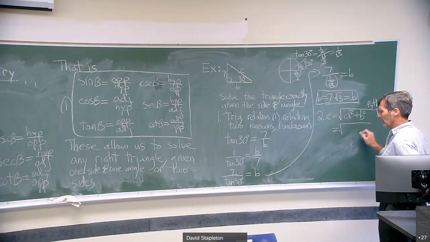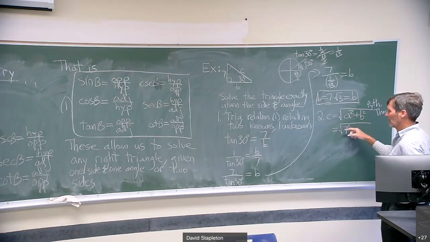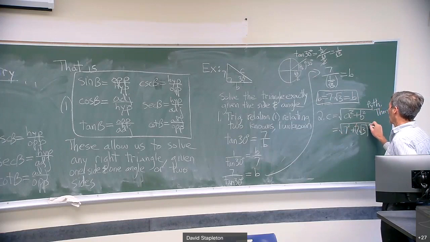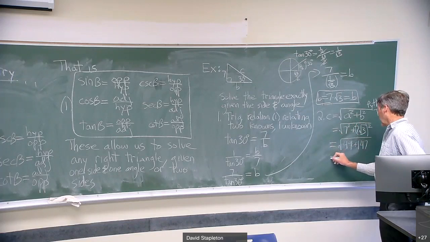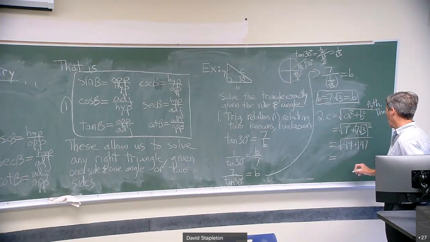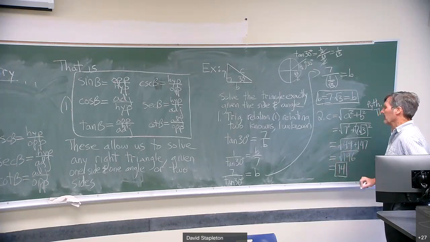This is the square root of, let's see, 7 squared plus 7 square root 3 squared, comes out to be square root of 49 plus 147, gives square root of 196, or 14. So there's trigonometry to solve for the other side.